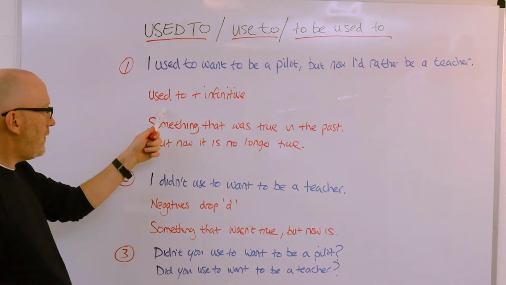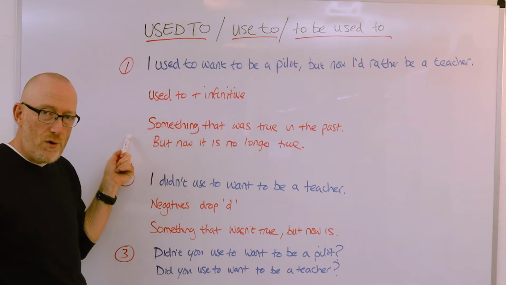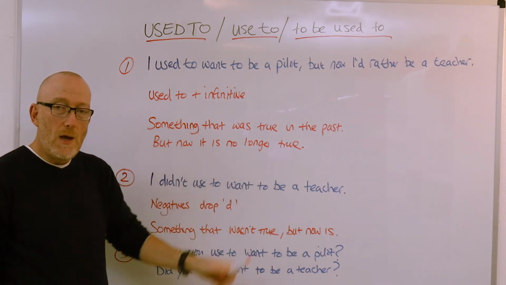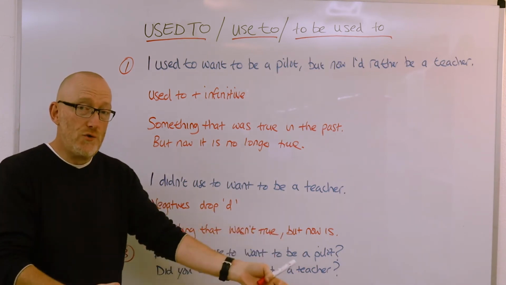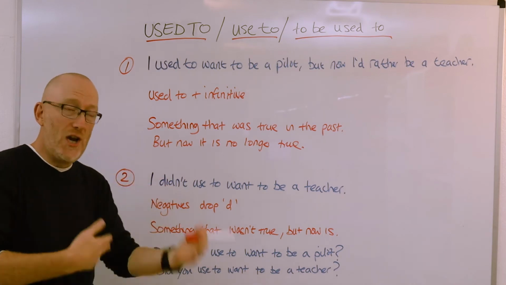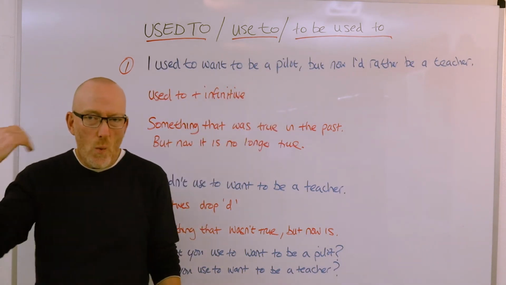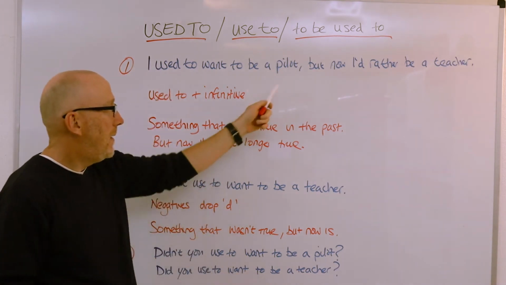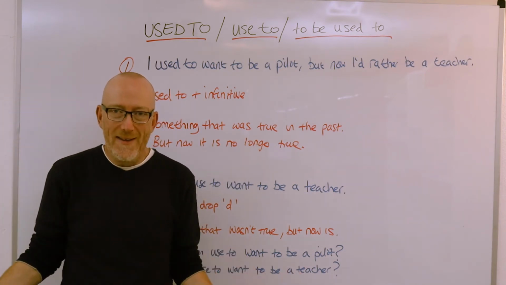Now, we use used to in this instance to describe something that was true in the past, but now it is no longer true. So, in the past it was true, now it is not true. Things have changed. So, I used to want to be a pilot when I was about 7 or 8 or 9, but now, when I'm an adult, I would rather be a teacher.